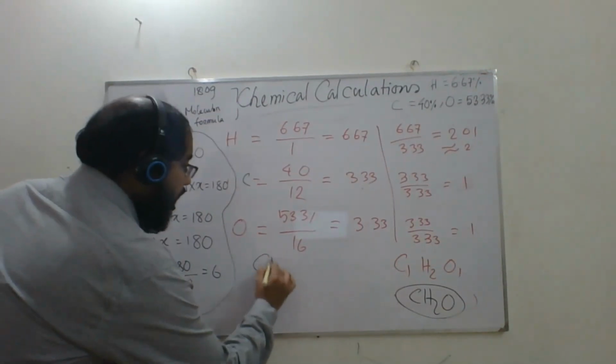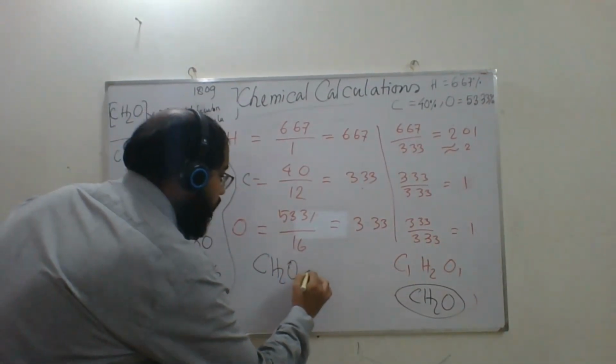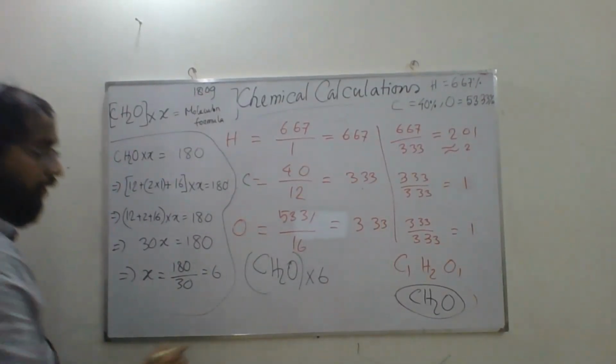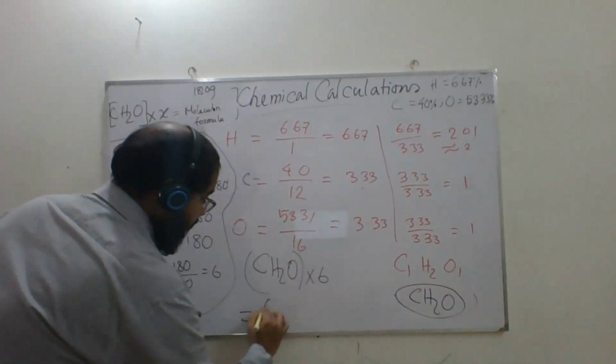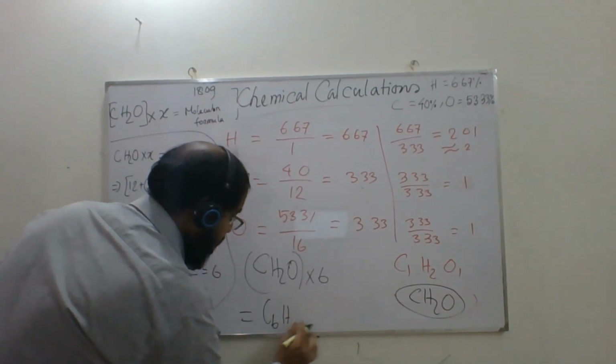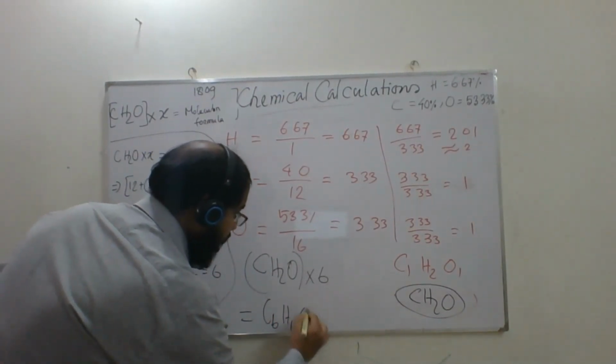Now if we multiply this CH2O by 6, then you will get the molecular formula. So the molecular formula will be C6H12O6.